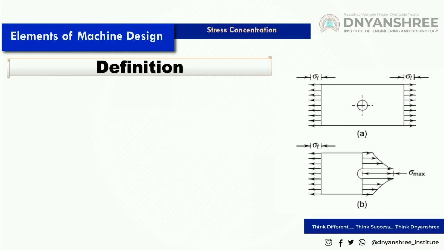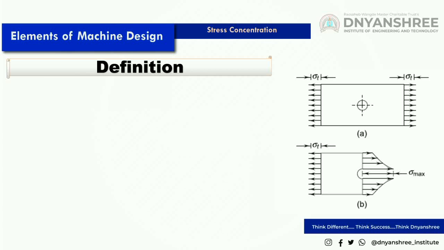Now see figure B. You can see that in the vicinity of the hole, there is maximum stress, that is sigma max. So at the vicinity of the hole, stress is concentrated.